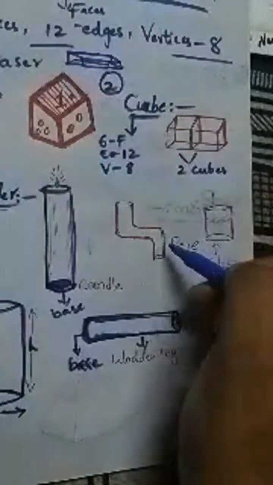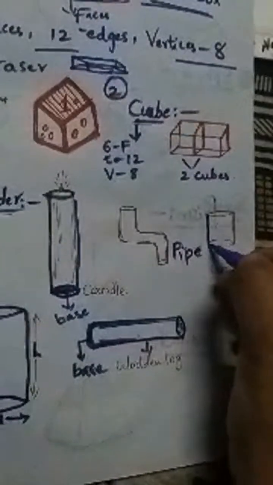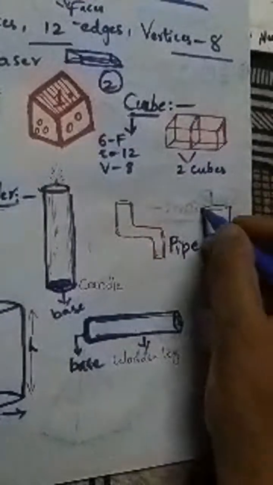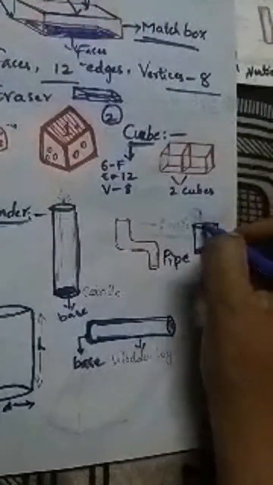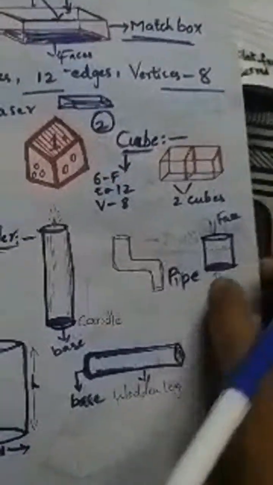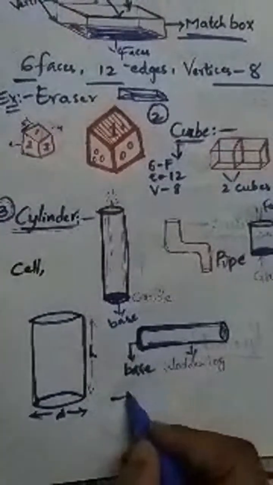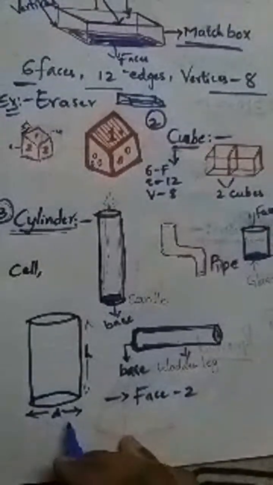Some examples like a pipe are there, and a glass. Glass is also an example of a cylinder. This is the base, and this is the front face. In this cylinder how many flat faces are there? Faces are 2. Curved face is 1.